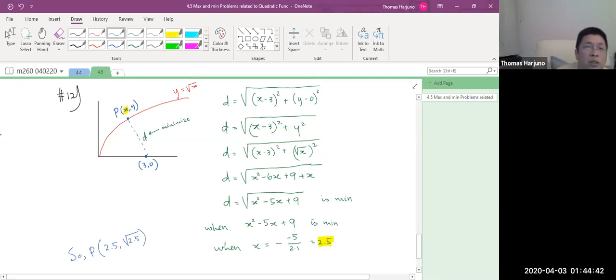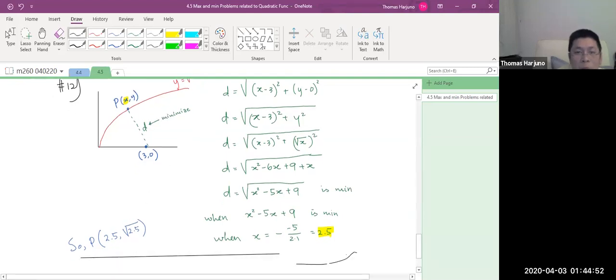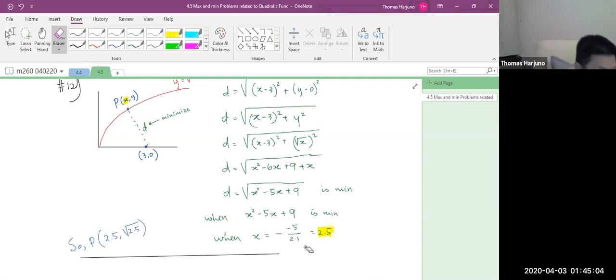Now, you will see that question number 14 is actually very similar. Question number 14 will be very similar to this. The difference is the square root of x becomes a line. However, if you think about number 14, we did that kind of problem already in class using another method.